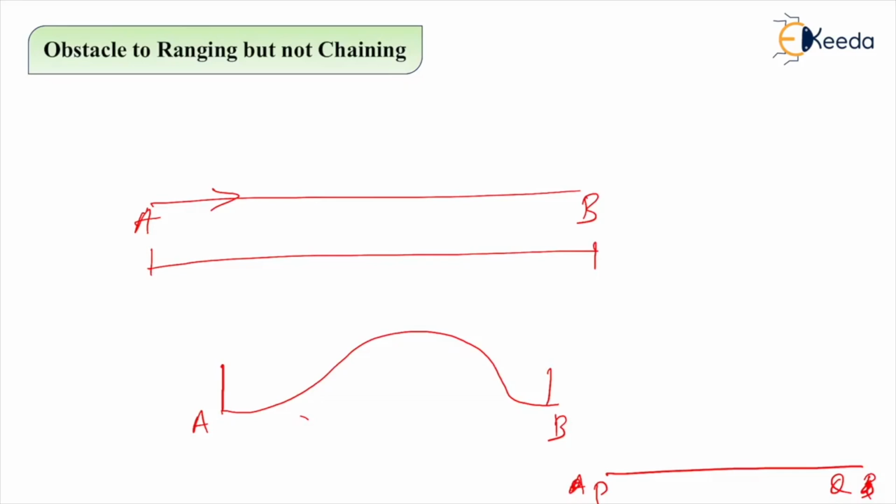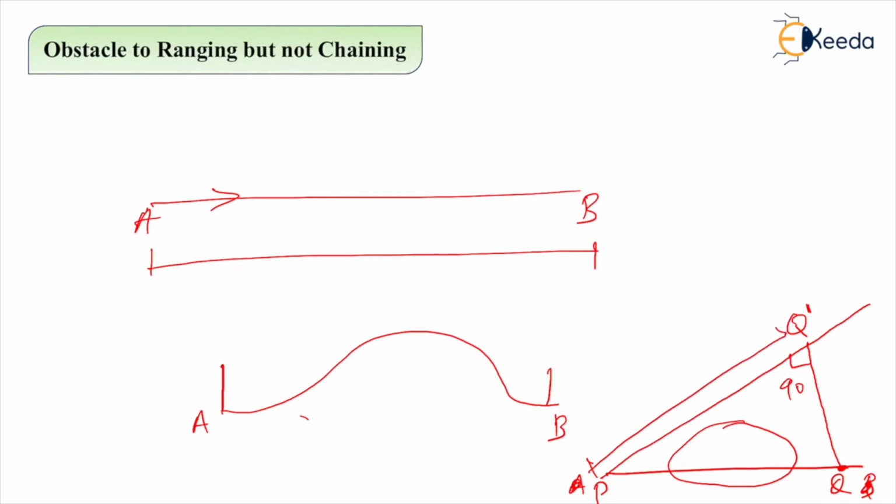Then from P we will pass one line, and from Q we will pass one line which will meet the line drawn from P at 90 degrees. That means we have to drop a perpendicular from the line drawn at P to a point Q dash, where Q is visible, so that we are eliminating this obstacle to chaining. Now we can simply calculate the distance PQ dash, as there is no obstacle, and we can easily calculate the distance QQ dash as well.